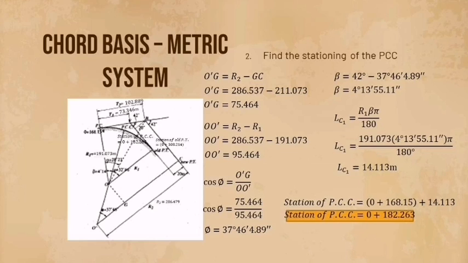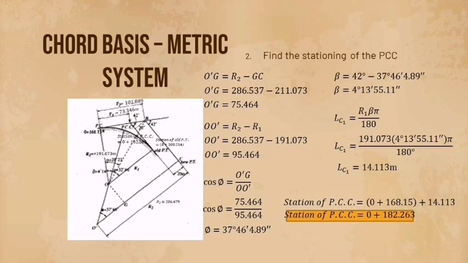And for the OO, it is the radius 2 minus the radius 1, which is 286.537 minus 191.073. After subtracting them, we will get the answer of 95.464.